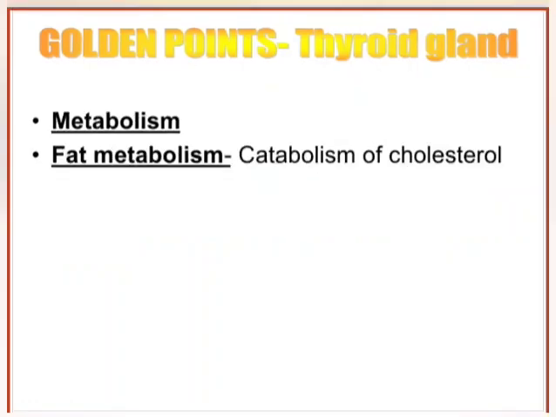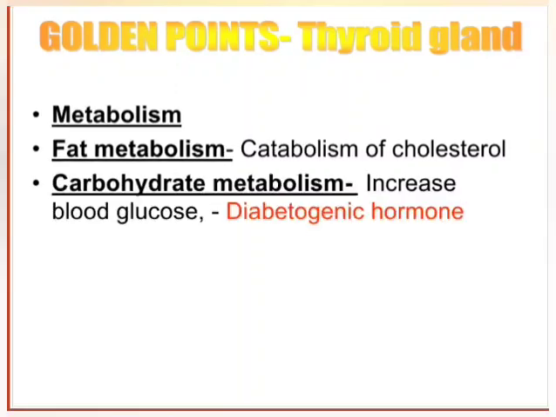The thyroxine hormone plays a major role in metabolism, already we have discussed in the NEET points. In the case of fat metabolism, it catabolizes the cholesterol. Catabolism means breakdown of cholesterol. In carbohydrate metabolism, just now we have discussed, the thyroxine hormone is a calorigenic hormone. That means it produces the calorie. In order to produce the calorie, it requires glucose.